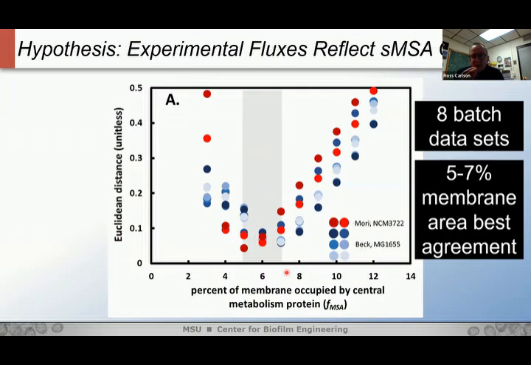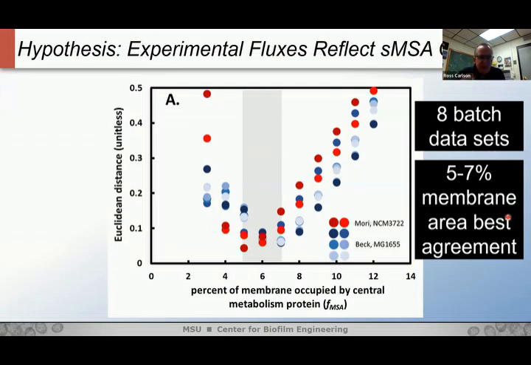So our interpretation of this is the experimental data does represent a constraint, and that constraint maps to a relatively narrow range of potential surface areas. And again, in this case, it's 5 to 7% of the membrane being utilized. Keep that number in mind.